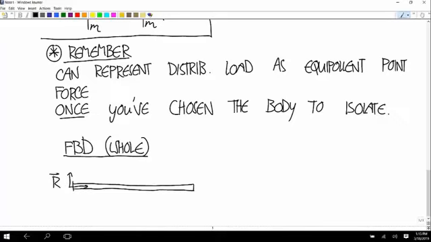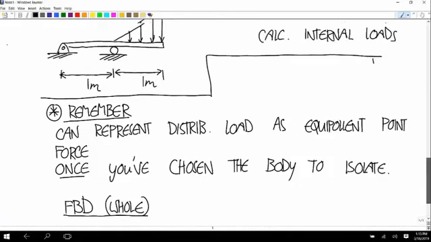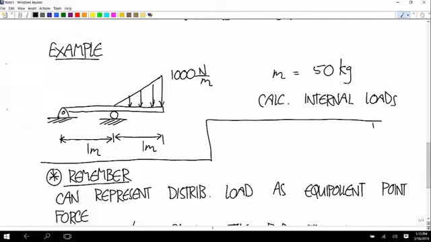I'll call that R. And then there's a normal force at the roller. And then there are two distributed loads this time. One represents the weight. The total weight is 50 times 9.81, so 490.5.